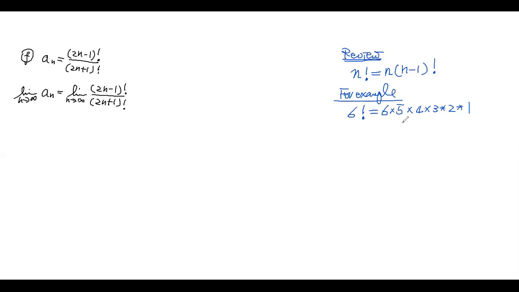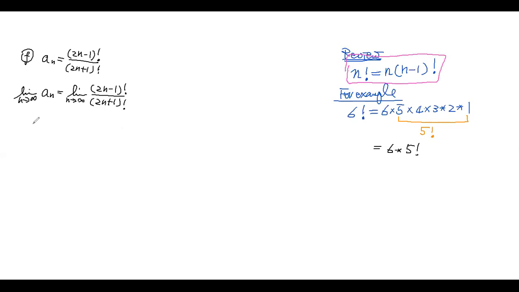Now if you take a look at 5 times 4 times 3 times 2 times 1, what is this? This is 5 factorial, right? So that's why 6 factorial you can write as 6 times 5 factorial. So this formula here, we are going to use very, very much later when we try to test the series here, right?